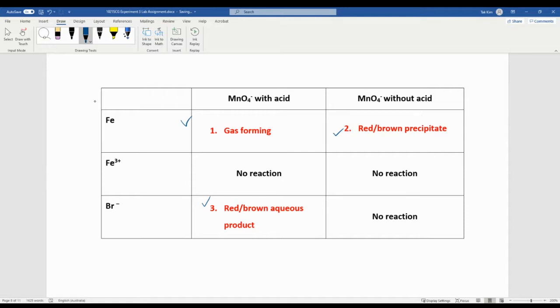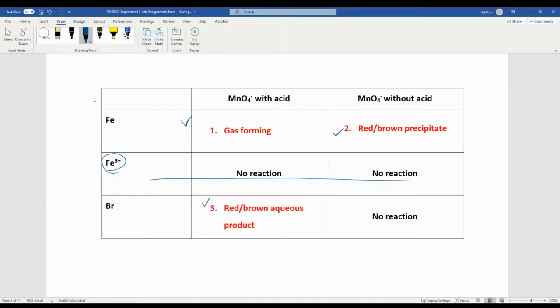So in this case, iron should be oxidized, but when you look at this one over here, Fe3 plus, it is fully oxidized. Because of that, there's nothing to be oxidized, and this is why you expect to see nothing on here, whilst Fe can be oxidized with acid or without acid.